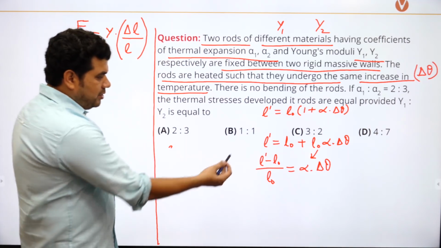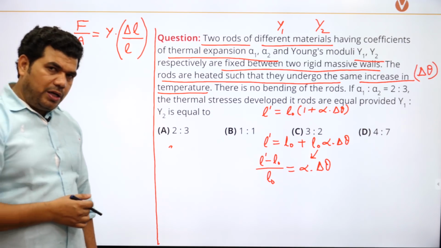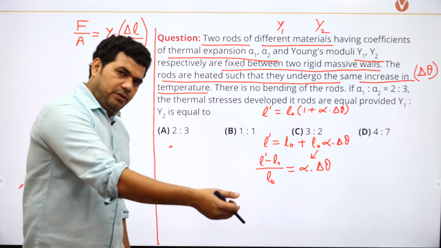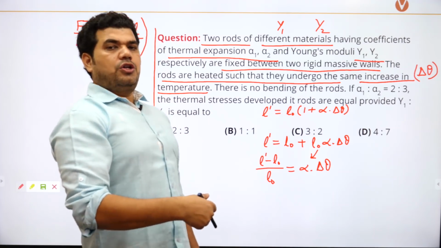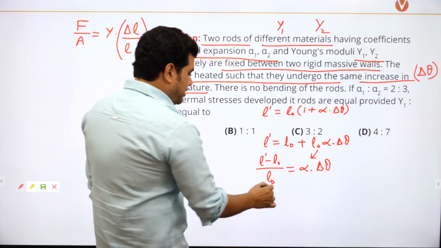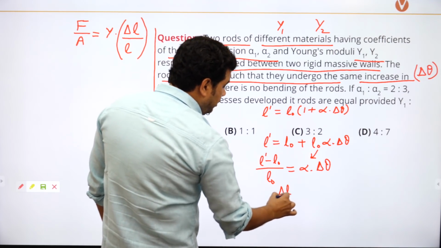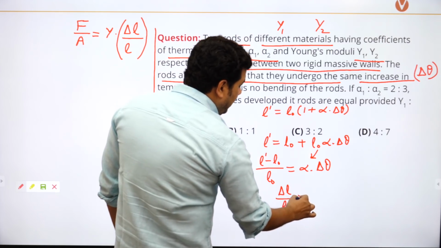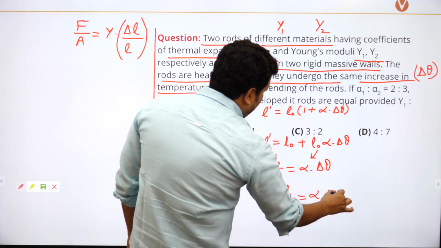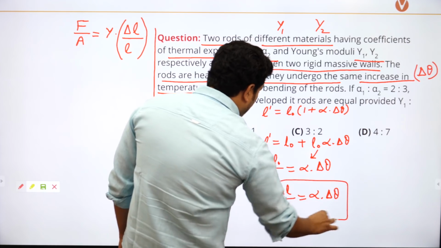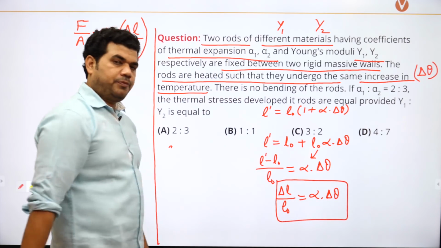Got it? And what is that L dash minus L naught? L dash is the final length, L naught is the initial length. So L dash minus L naught is actually change in length, divided by original length, is equal to alpha delta theta. This is the required strain.